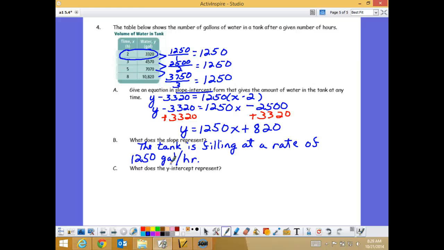The y-intercept, which is 820, is at time 0, at the starting point.